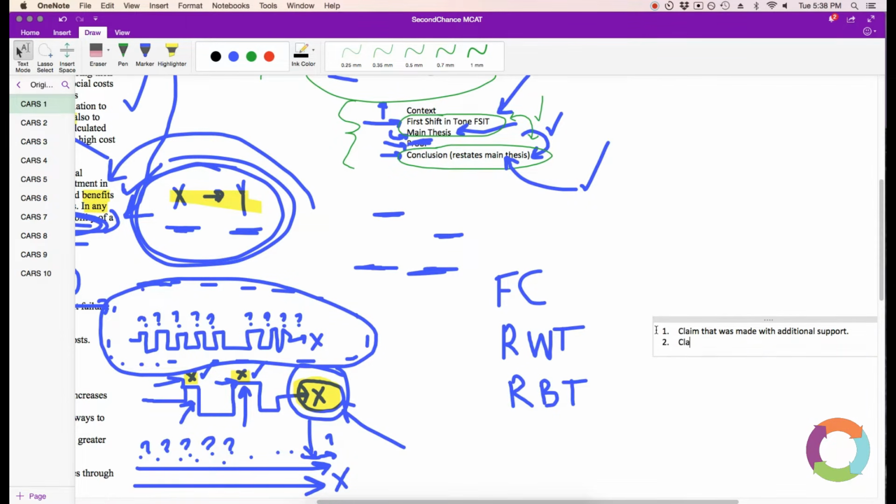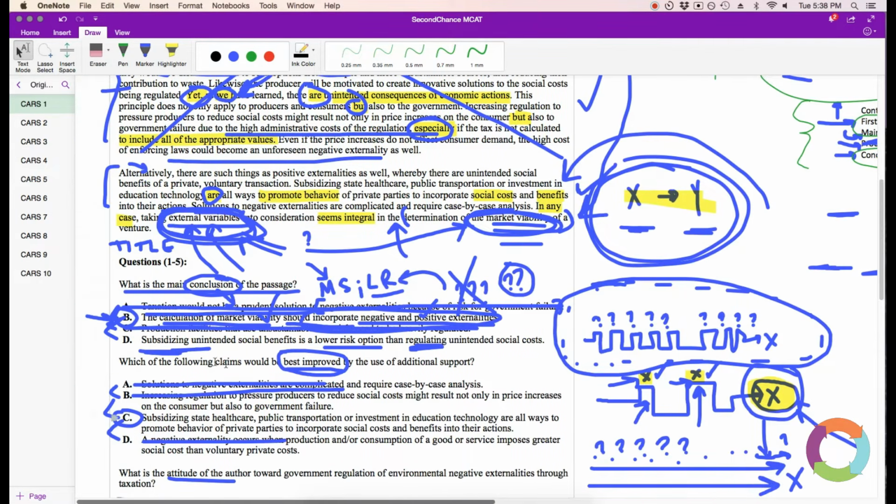One is going to be a claim that was not made, and one is going to be a claim that was made with no additional support. So which of these 3 is going to be the answer to these types of problems?